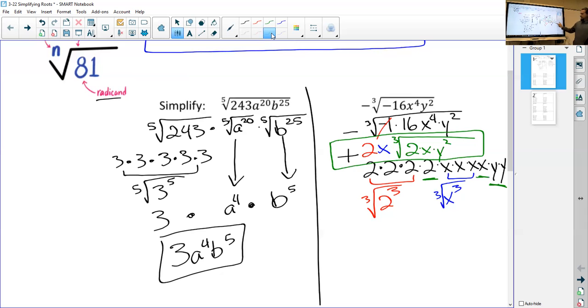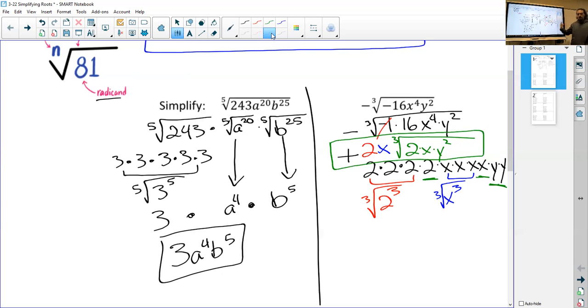Or again, you can think of it like division. And the only part I would actually write out are the numbers, because that's a lot harder to think about. But when we deal with the x's, I see x to the 4th. So 4 divided by 3 is 1. And that gives us our 1 we pulled out.